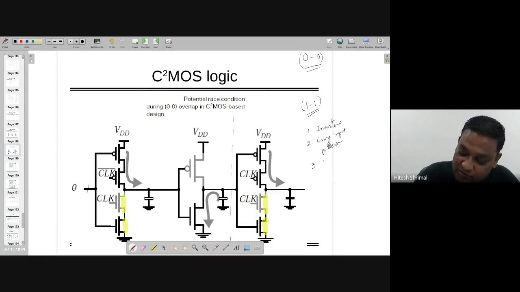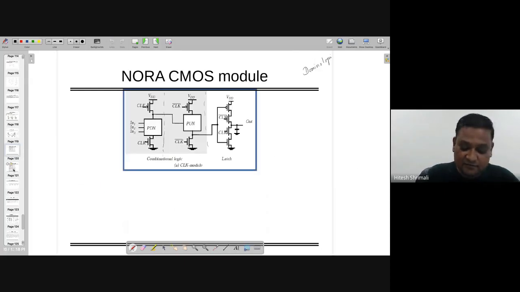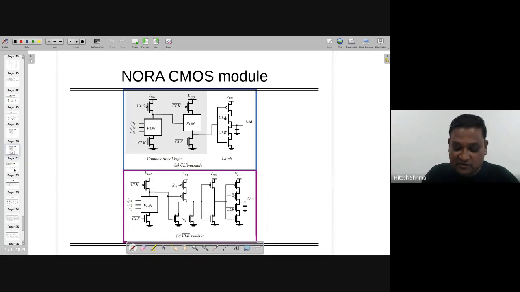And you can use alternate PDN devices and PUN devices, which is known as NCMOS logic or maybe PCMOS logic, right? In that way, you can use two different modules. One is called the clock module. These two are just for an example, but how do they look when there are clock and clock bar modules?